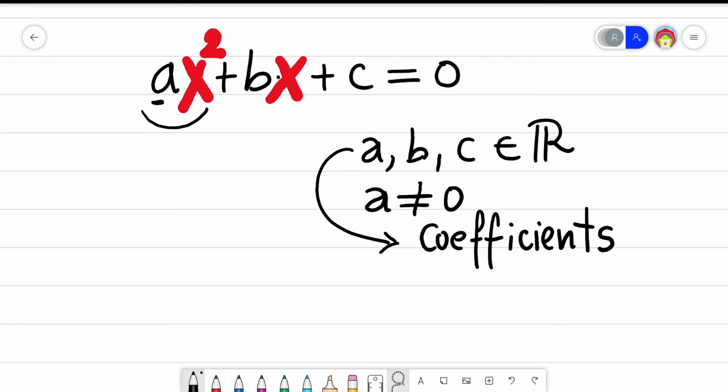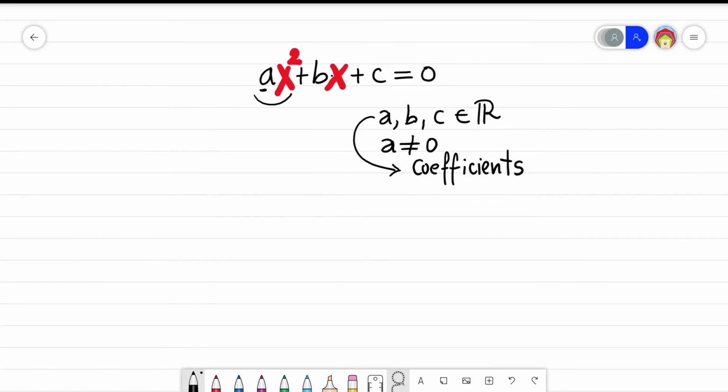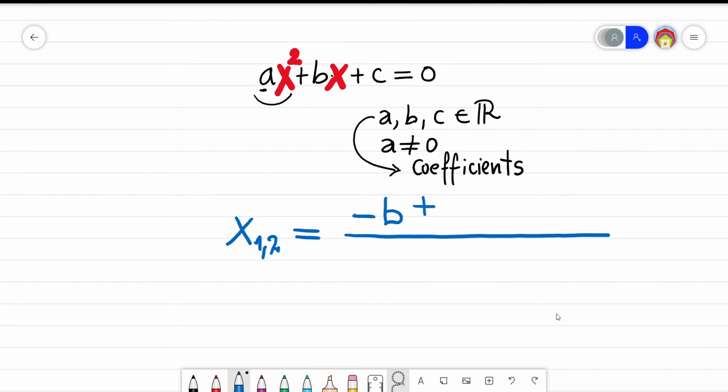Okay. Now, the formula. That formula we were using a few times already. We know that to work out the possible roots of that equation, we do very fast this formula: minus b plus minus square root of b squared minus 4 times a times c, divide everything by twice a.